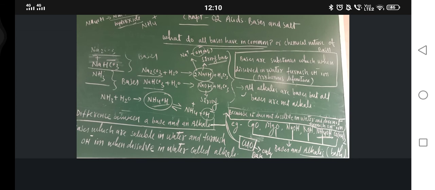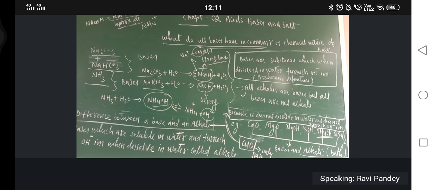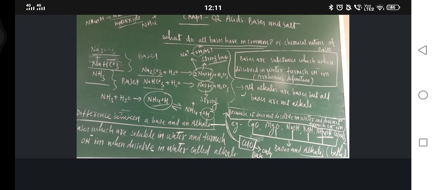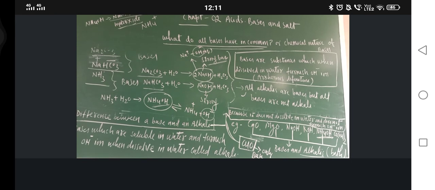In case of magnesium and manganese, they are less reactive metals, so they do not get oxidized by HNO3, so they react with HNO3 and form the salt Mg(NO3)2 and hydrogen gas. Can I write the reaction also?